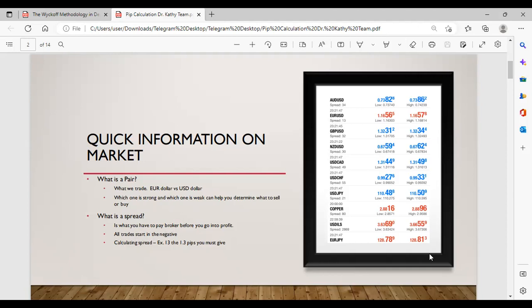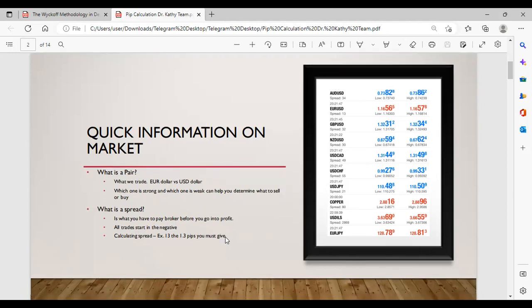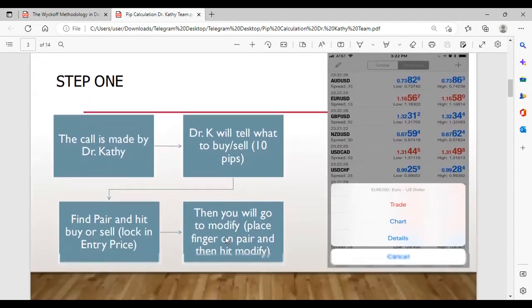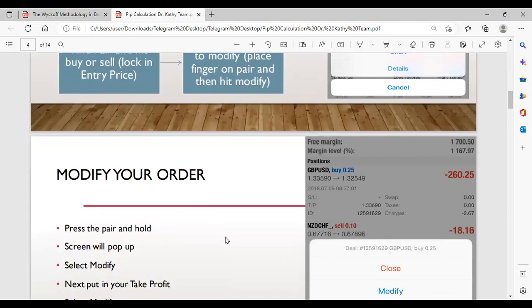Calculating spread, for example 13 means 1.3 pips you must give. Different brokers ask for different spreads, so you determine which broker suits you.